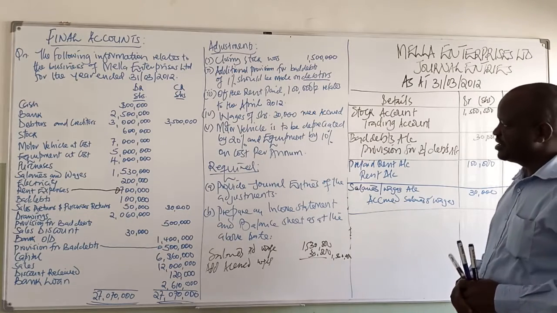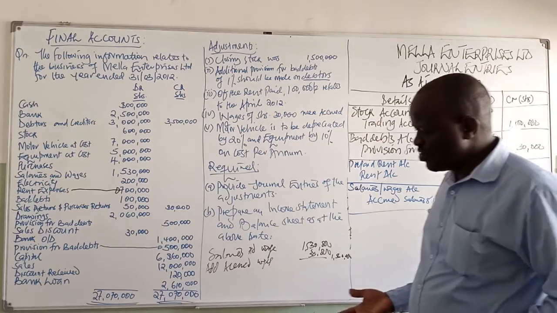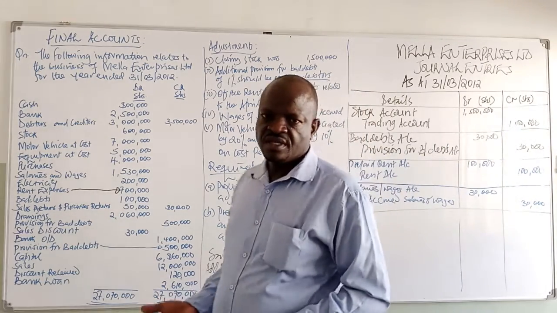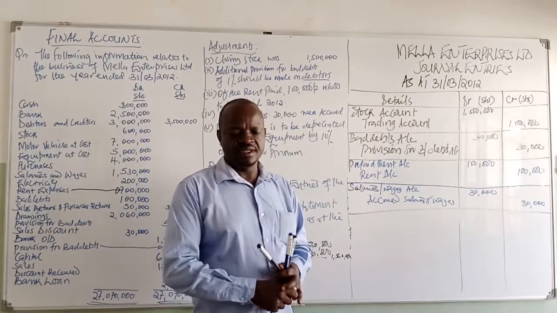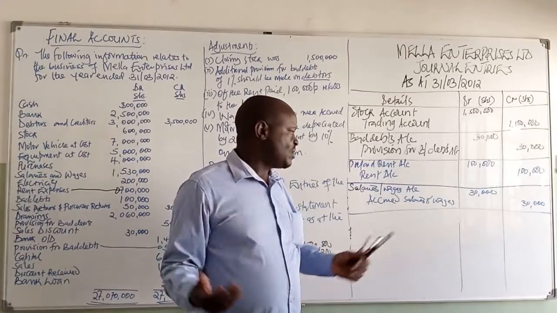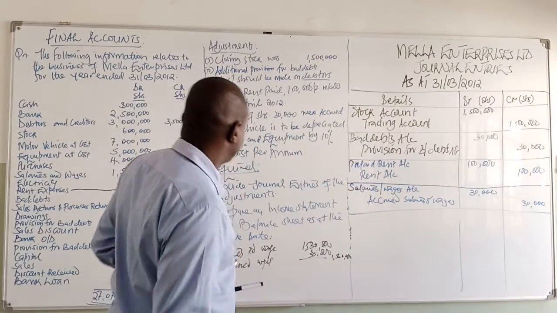Is to be depreciated by 20%. And we know what we mean by depreciation: loss in value of fixed assets except the land. So how are we going to treat that? You just calculate.